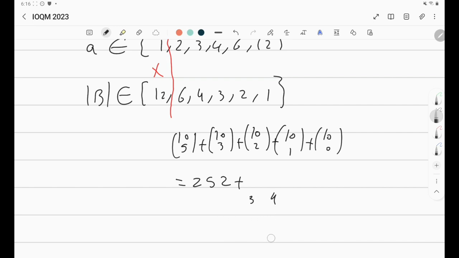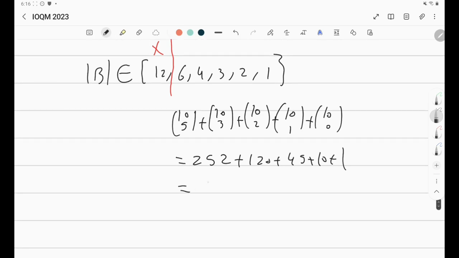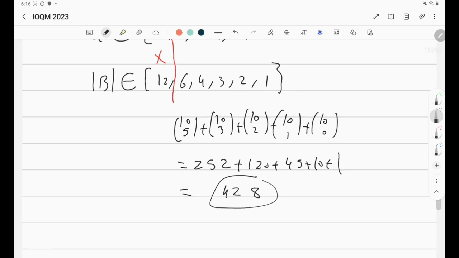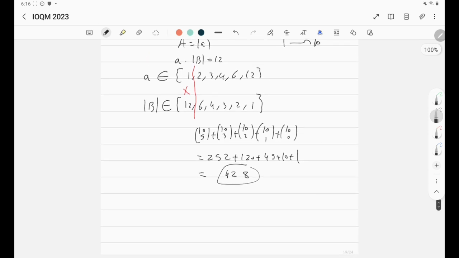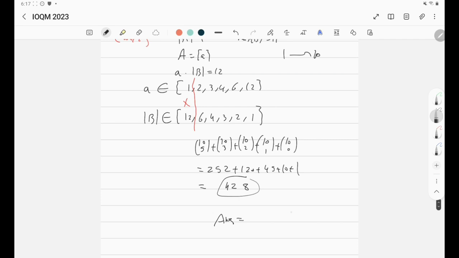Okay, 120, yes. 10 choose 2 is 45. 10 choose 1 is 10, and this one is 1. Okay, very nice. So let's add that. 1 plus 5, 6. 6 and 2 is 8. Actually 428 here. So now of course we just add the two cases. So 11 plus that. So the answer is going to be 439.